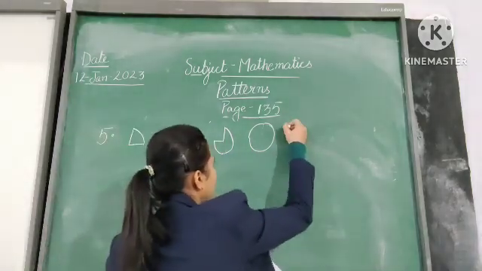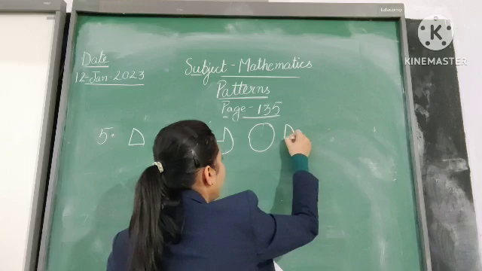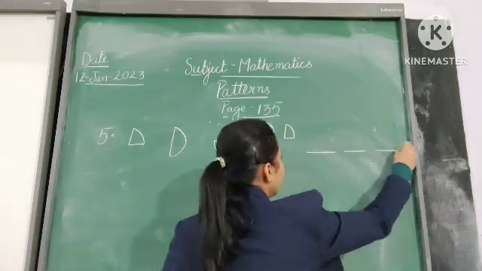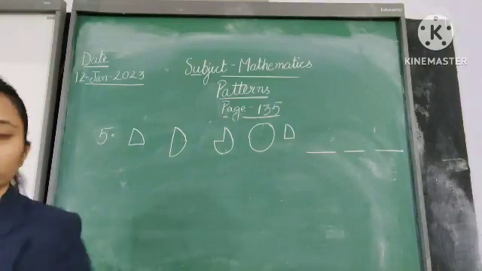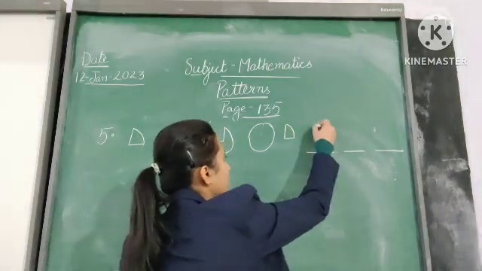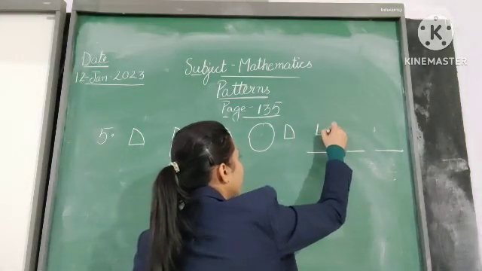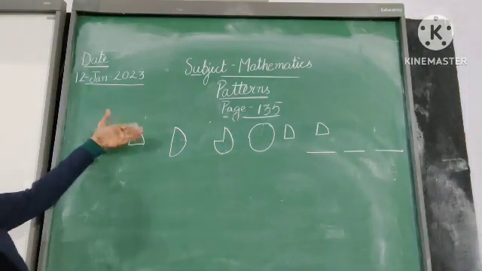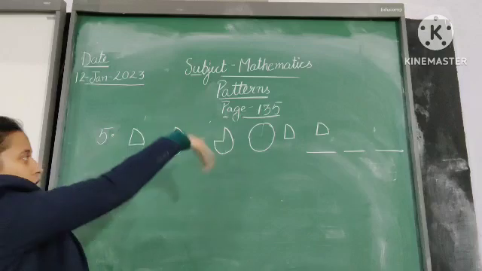Then again we are starting with a single slice, and we are supposed to fill these 3 blanks. Please notice that they are adding the slices clockwise.